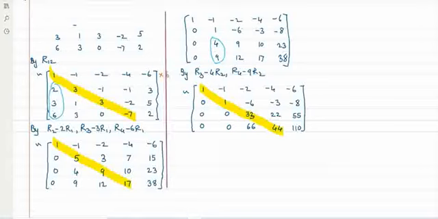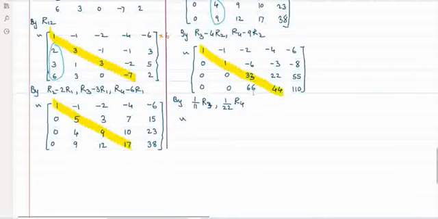What is the transformation? What have you done? 1 by 11 into R2. Next one? R3. Okay. Next. R4, how much to multiply? 22. Okay, fine. So the new equivalent matrix where change in third and fourth row.